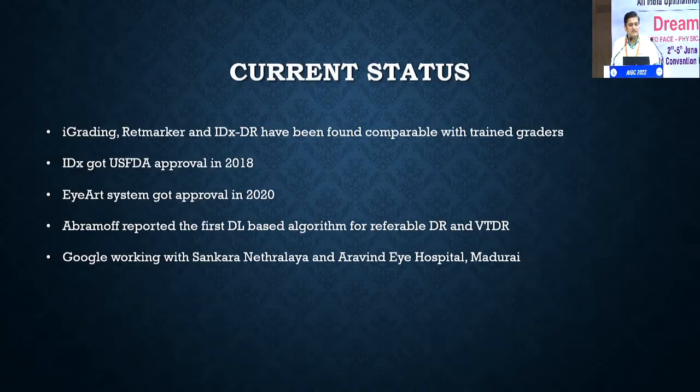Now what is the current status of all AI models? There is something called EyeGrading, RetMarker and IDx-DR, and they have been found very much comparable with the results that trained persons were giving. IDx got US FDA approval in 2018 and was the first to get it, and later on the IARTS system got approval in 2020.